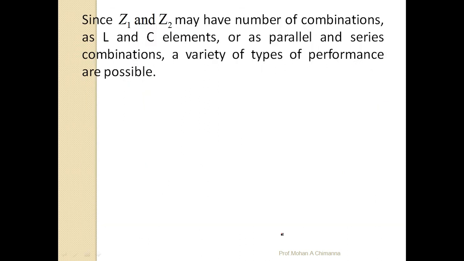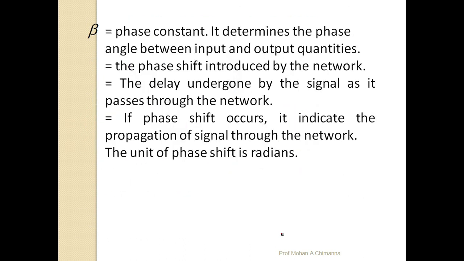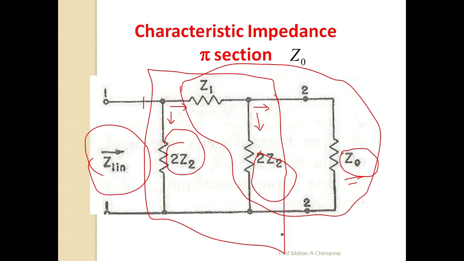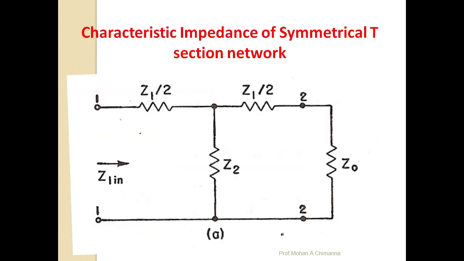Up to this video you have to understand a very important parameter about the fundamental or constant K type of filter, which is called the propagation constant, as well as the characteristic impedance of the pi section and T section. Let me summarize once again.